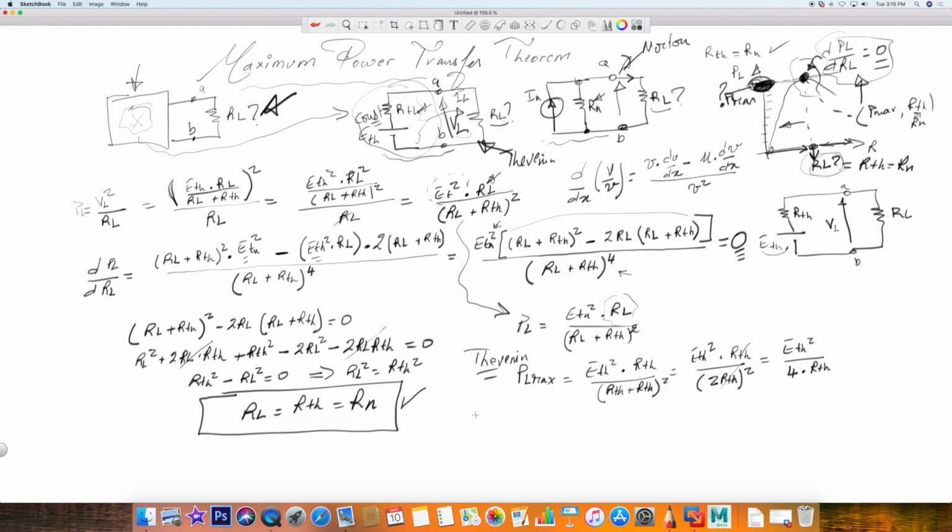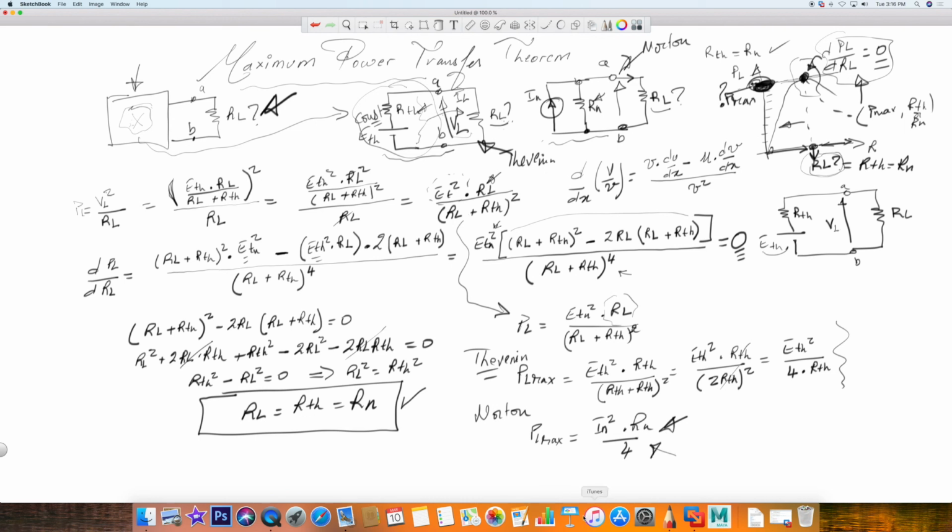If you're doing Norton, Pload max will be equal to IN, your Norton current, squared, times RN, and the whole thing divided by 4. I'll leave that for you to demonstrate. We've done the Thevenin because I spent time on that, so I'm going to leave you to demonstrate this.